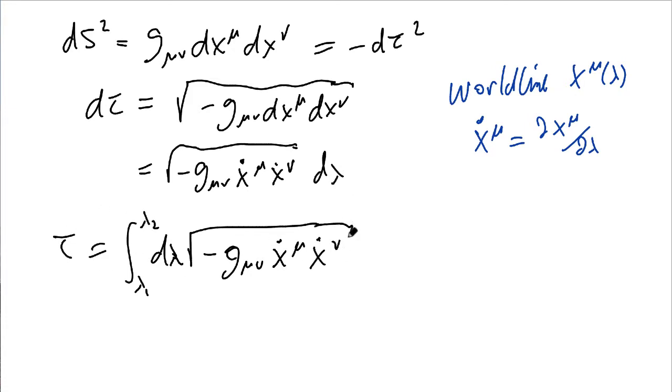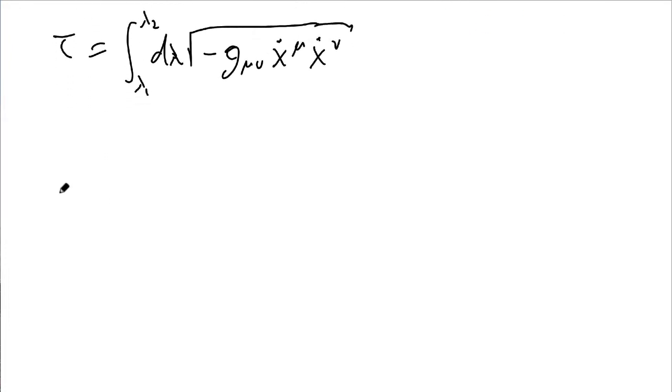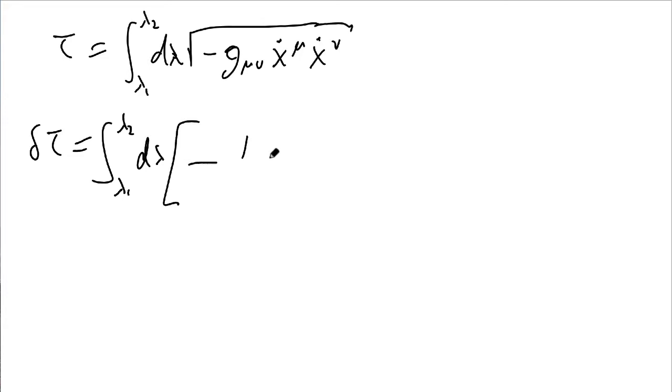So we want to extremize this, and we know how to do that from Lagrangian mechanics. We simply vary the proper time with respect to the world line functions x mu of lambda. So that's delta tau equals the integral from lambda 1 to lambda 2 of d lambda. The derivative of the square root is 1 over 2 times the square root.